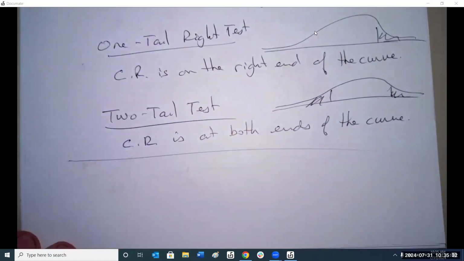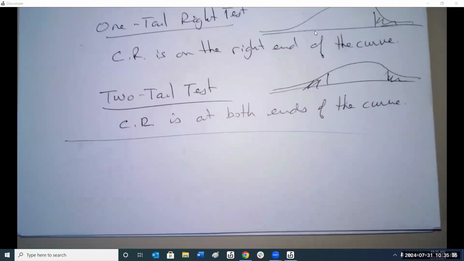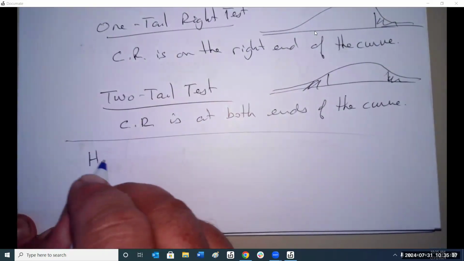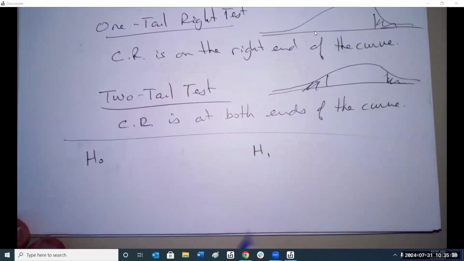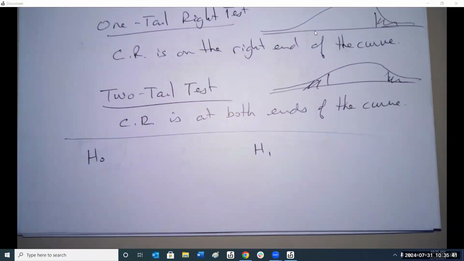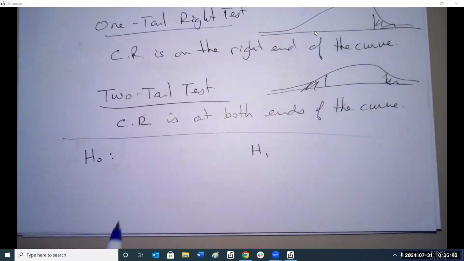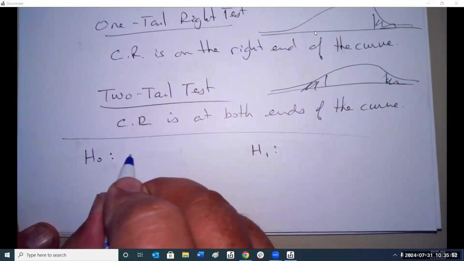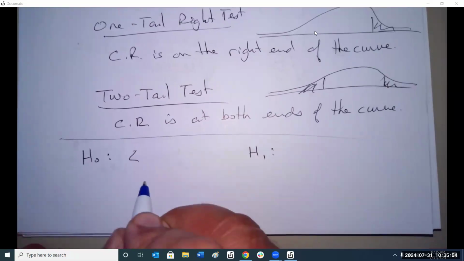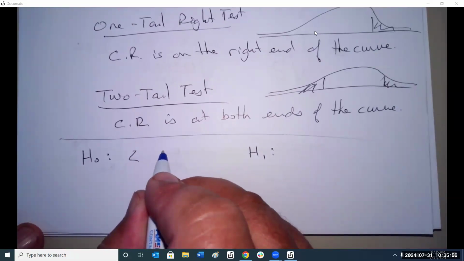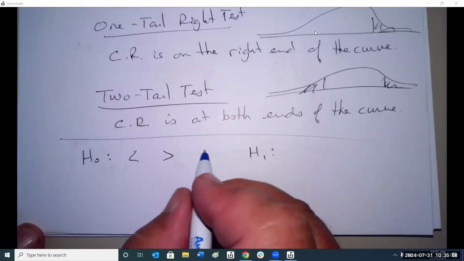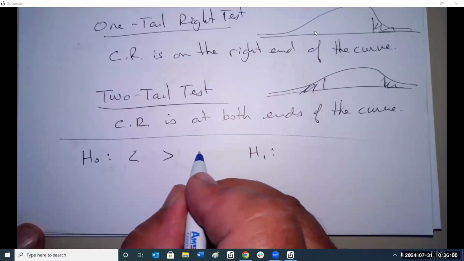As you said earlier about the statements for the null and alternate hypothesis, what symbols can be used with the null hypothesis? Less than, greater than, and not equal to with a slash.